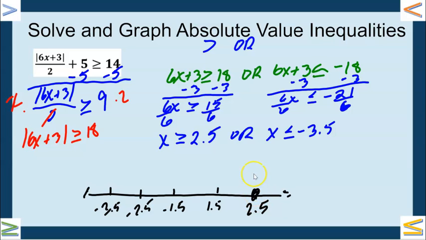So a filled in circle at 2.5 and negative 3.5. But it's got to be greater than or equal to 2.5, so greater than means goes to the right. Less than or equal to negative 3.5, less than goes to the left. So you can see there's a gap because it's either going to be one or the other. There's nothing in common. So that is how you can solve and graph absolute value inequalities.